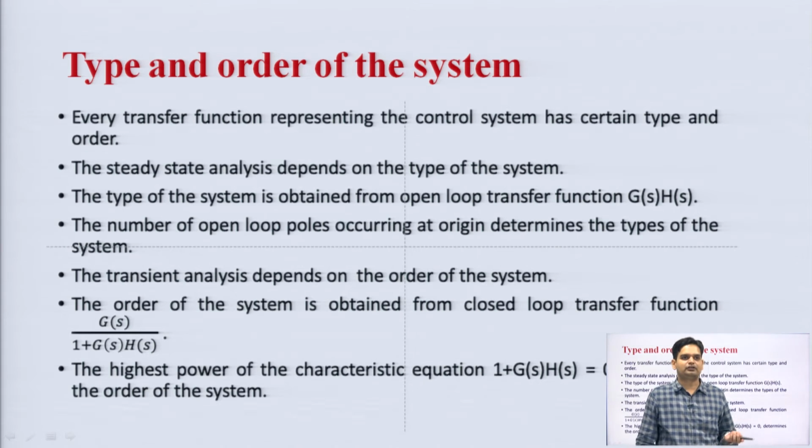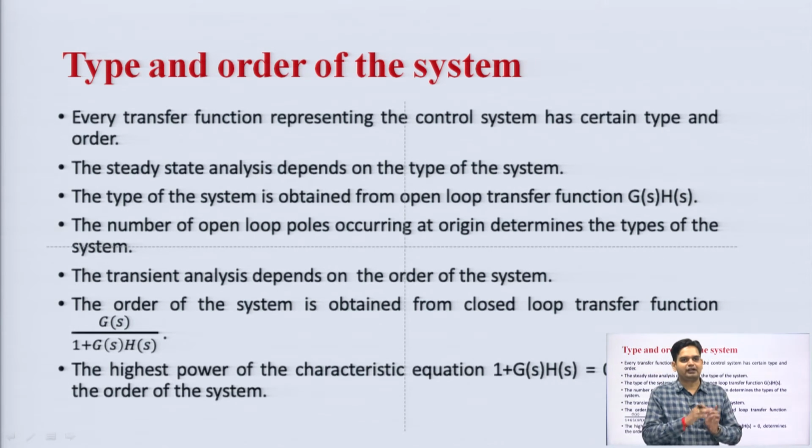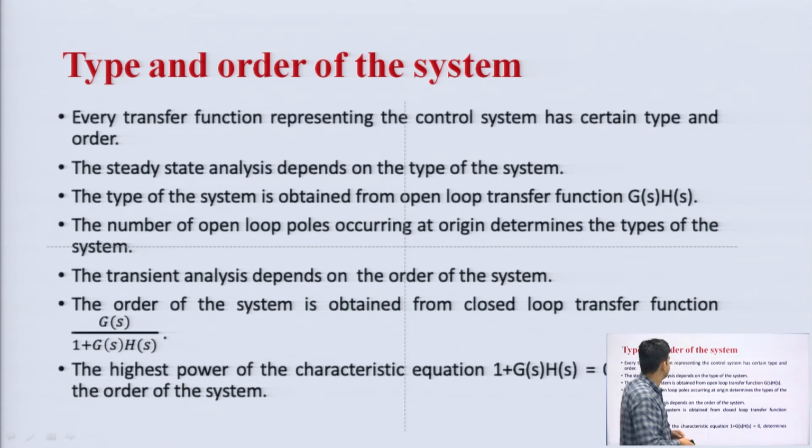Now, we will discuss the type and order of the system, because our time domain response totally depends on the type and order of the system. In time domain analysis we use the transfer function model for study purposes, and in the transfer function model we know that initial conditions are 0.